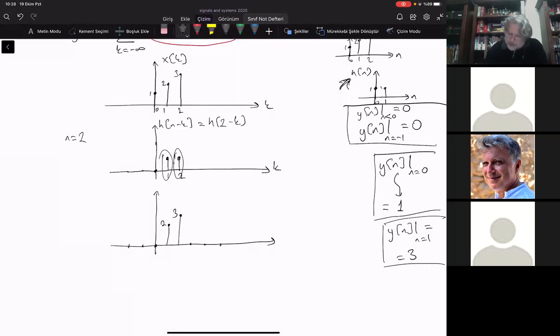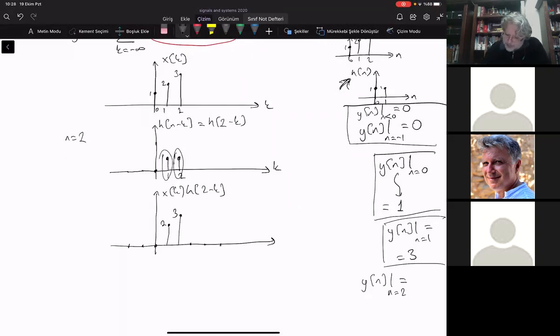Now, in order to find y of n at n equal to 2, we have to accumulate or sum this x of k, h of 2 minus k signal, sum up all the values, it's like finding the area. So it's 0 plus 0 plus, etc., plus 2 plus 3, which is 5.